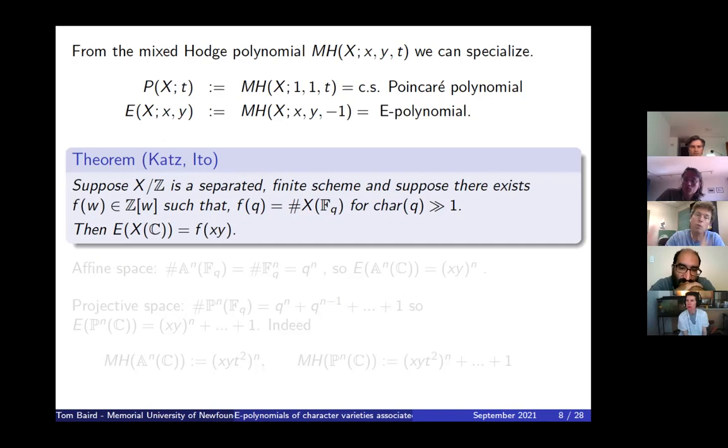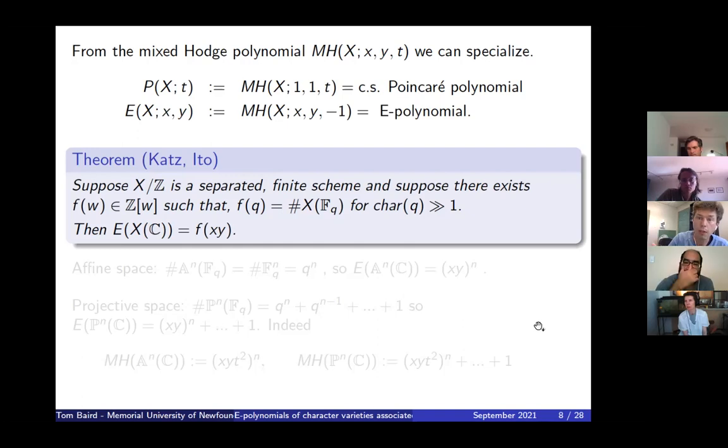You get this relationship between counting points over finite fields and the E polynomial of X over C. And in fact, if this was a non-singular projective scheme, then the E polynomial captures all the information of the mixed Hodge polynomial. And so you can actually reconstruct the whole mixed Hodge polynomial just from the E polynomial in that circumstance. But in general, you only get the E polynomial through this procedure. You don't get the full mixed Hodge polynomial.